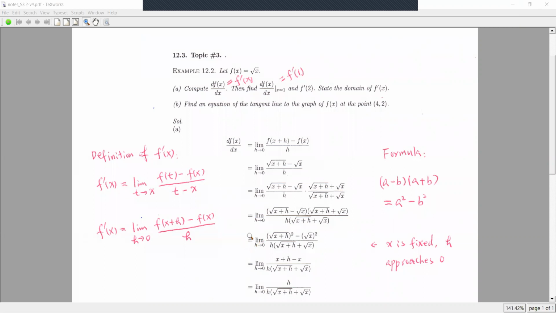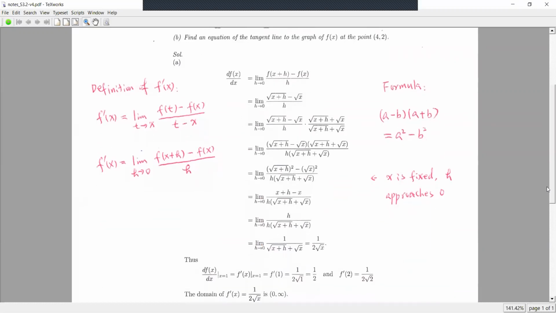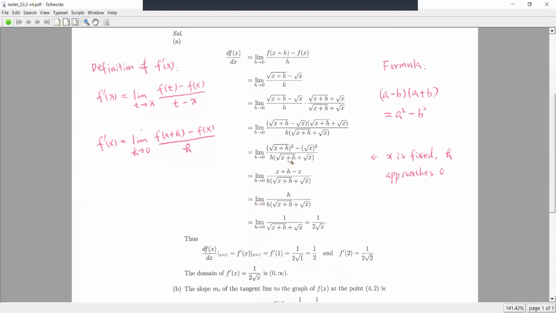I then get this equation. Cancel the square root and square. The square root and the square, I have this equation. Cancel x, then cancel h.